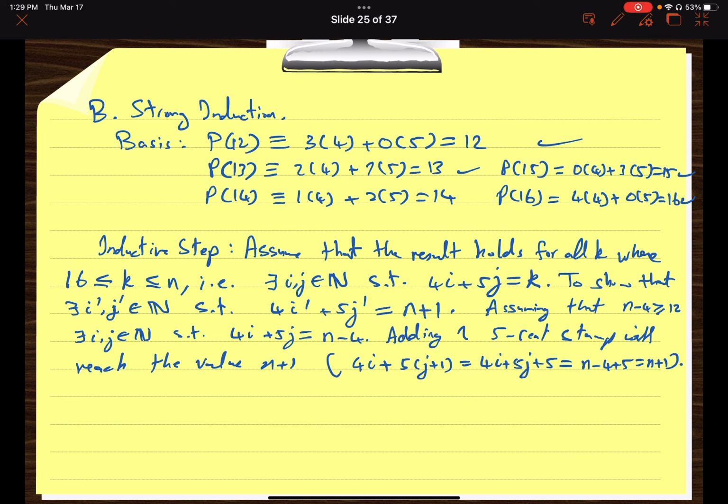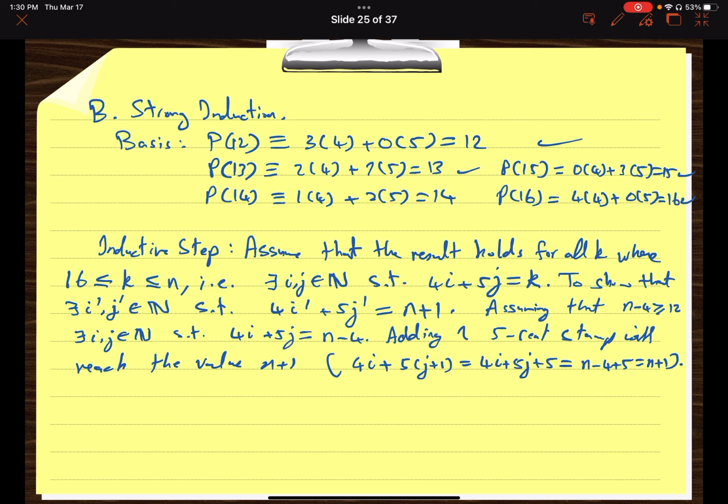طيب, let me ask you the following question. He says when he said go n minus 4, صح? طيب, couldn't I just go n minus 3 and add a 4-cent stamp? صح? I could have gone n minus 3. Well, I just add 1 4-cent stamp.